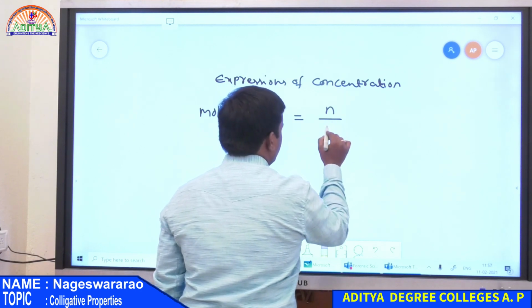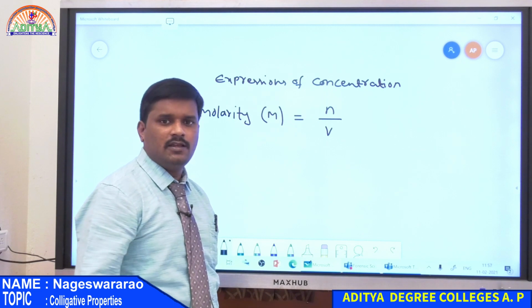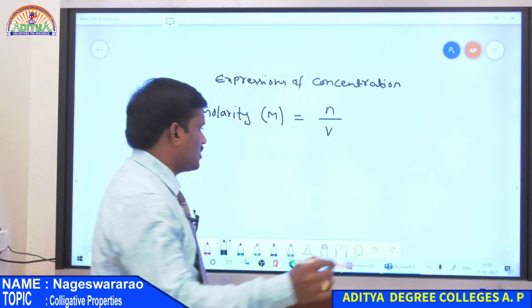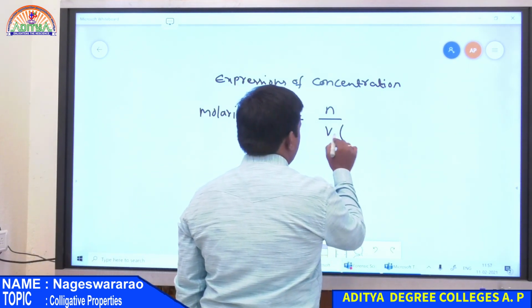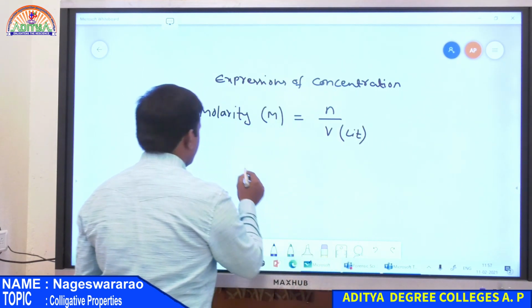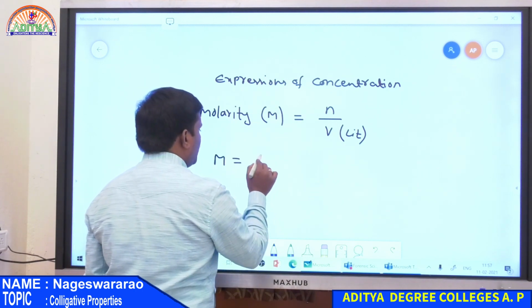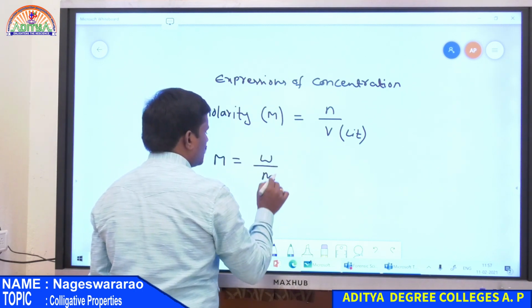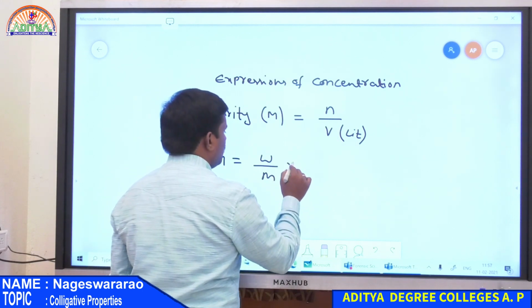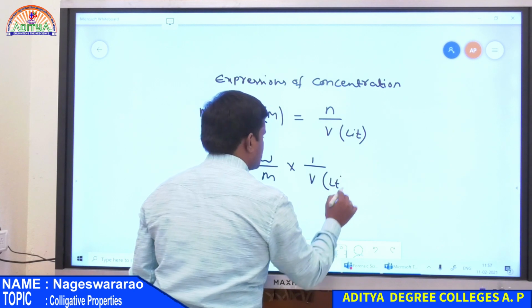M is equal to n divided by V, that is, the number of moles of solute present in 1 liter of the solution, where V is the volume of solution in liters. Here n is the weight divided by the molecular weight of the solute, into 1 by V in liters.